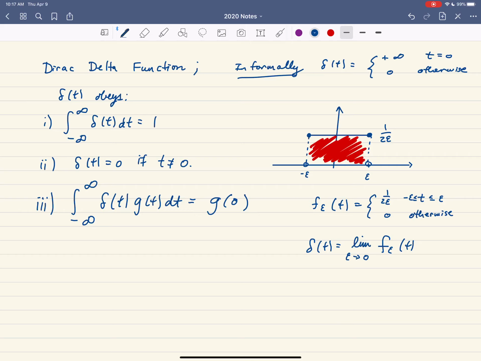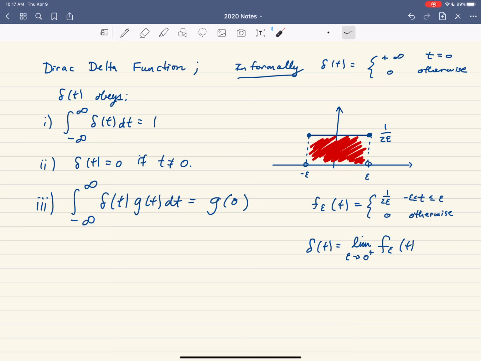I should mention that this is just epsilon going to 0 from the right. As epsilon gets smaller, the height of our rectangle is larger, to make sure the area of the rectangle is still 1. And as epsilon goes to 0, this function shoots off to infinity, and that's where our intuition of delta of t comes from.